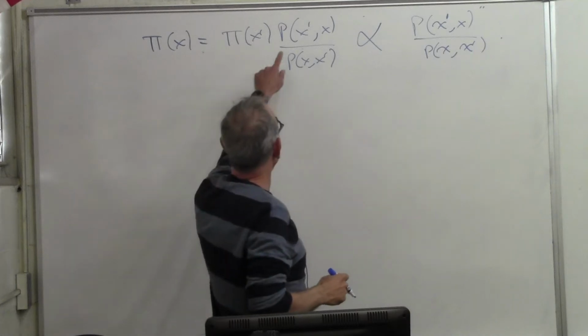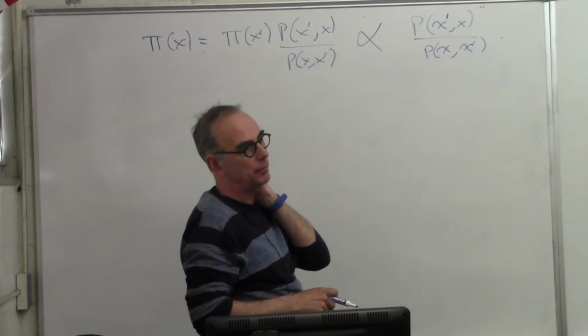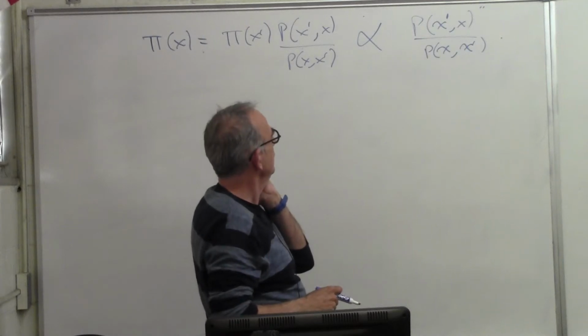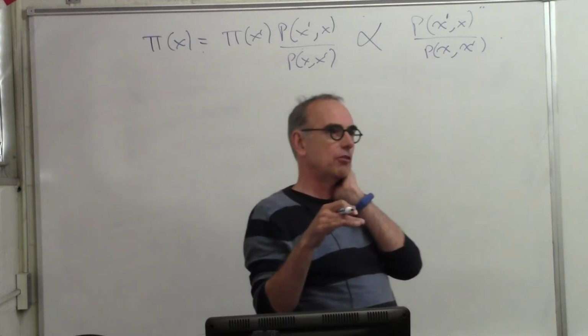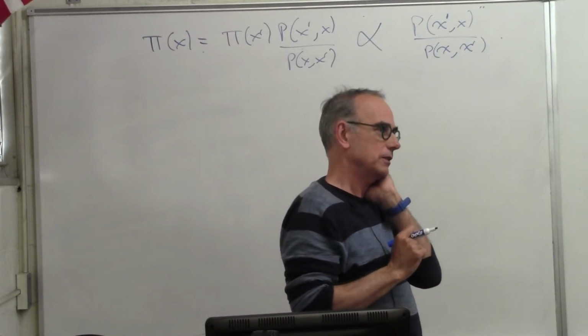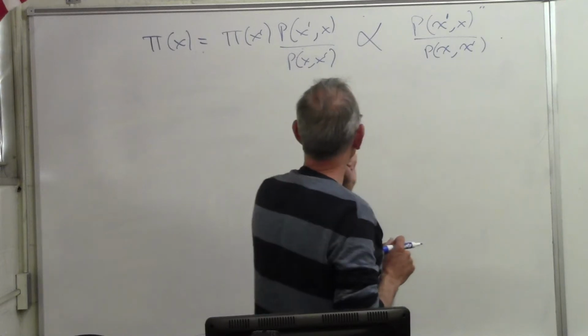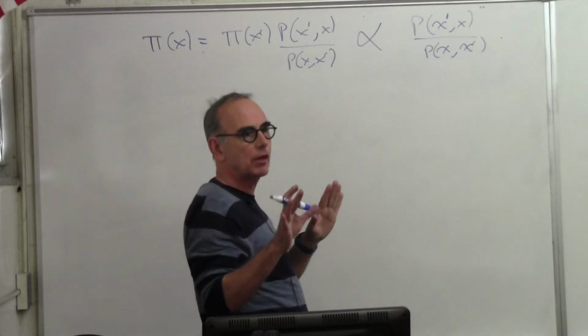If you fix x prime, you can just write this equation here for other x's, and so basically, if you know the process is reversible, you can compute the invariant measure by doing this. Let me give a simple example of this computational trick.